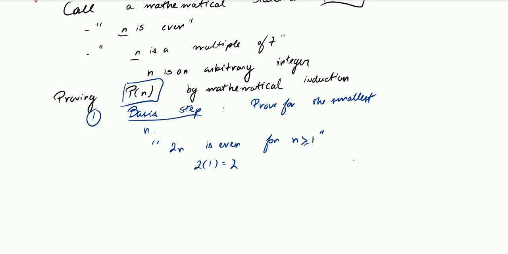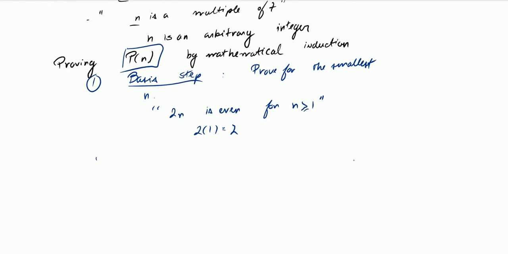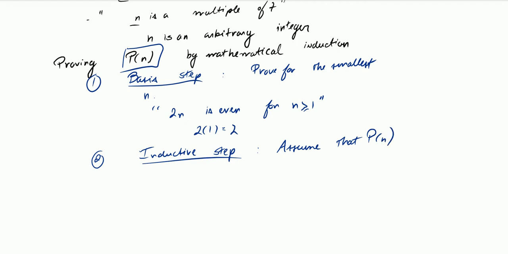Now the second, and probably the most important step, is the inductive step. In the inductive step, you assume that the statement Pn is true. Remember Pn is a statement.